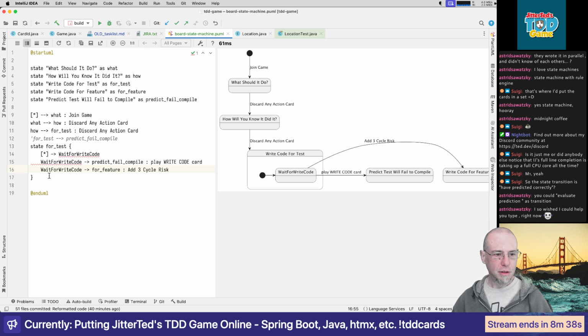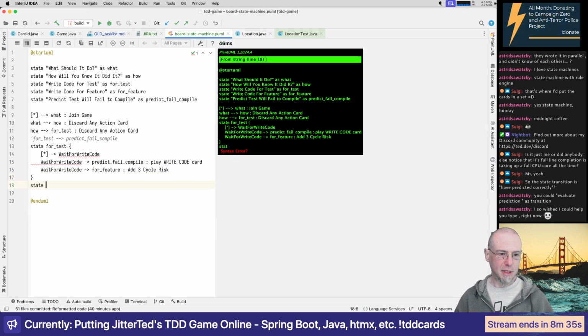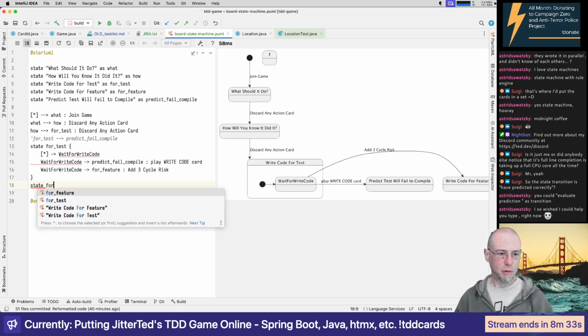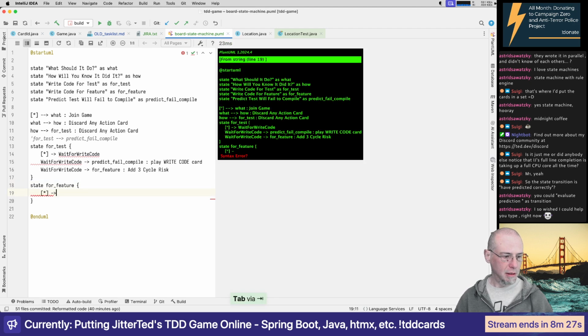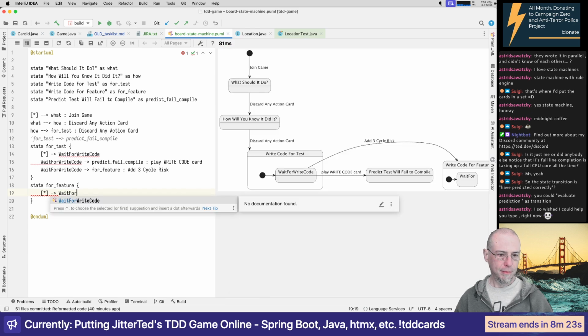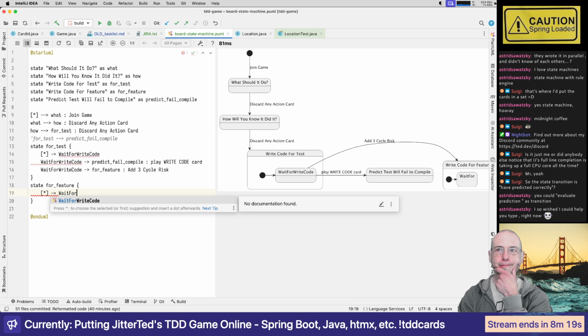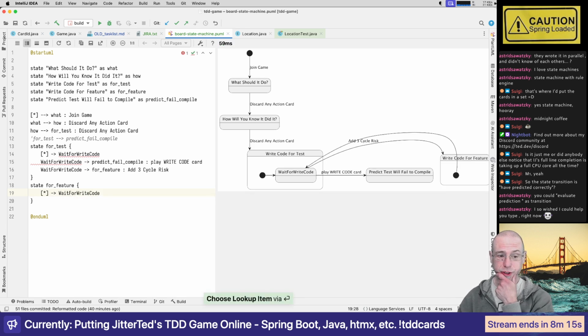Okay, so the next substate is for feature. And we start out in, I guess it's also wait for write code.